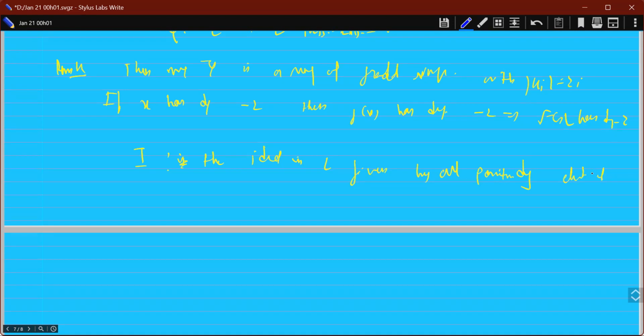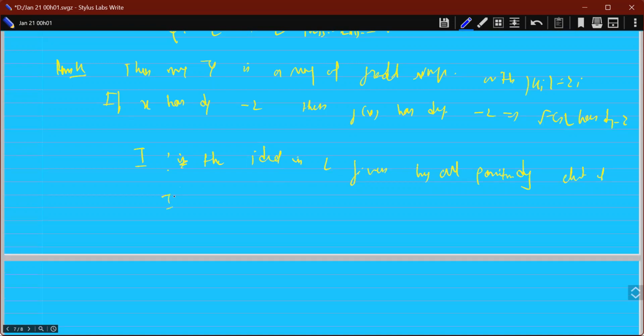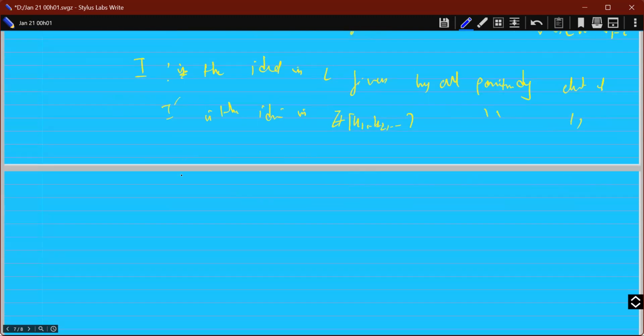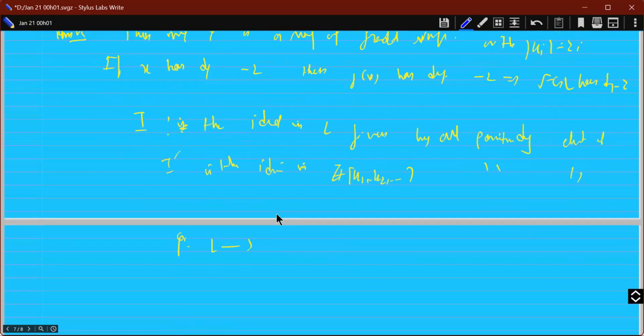And similarly, I dash is the ideal in the right ring given by all positive degree elements. Clearly this map that we defined, phi, maps I to I dash, and we have this induced map of graded abelian groups.